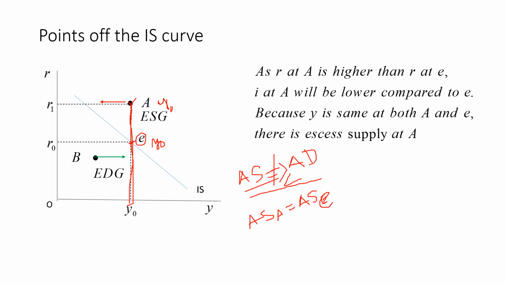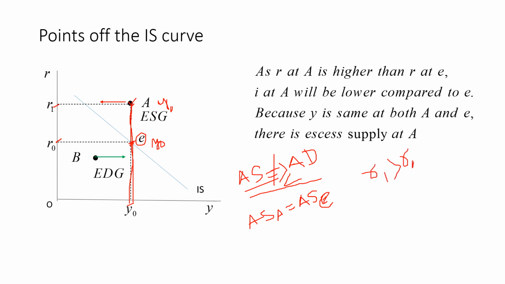Now consider the rate of interest at A with the rate of interest at E. The rate of interest at E is R0, and the rate of interest at A is R1, and we know from the graph that R1 is greater than R0.